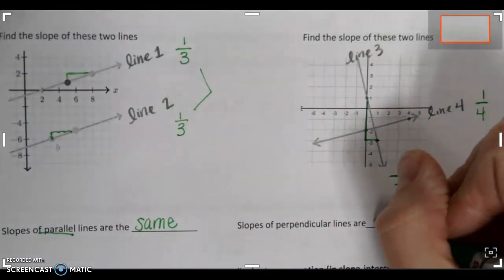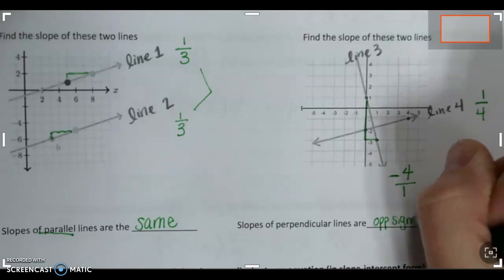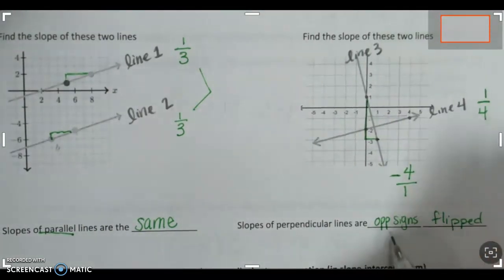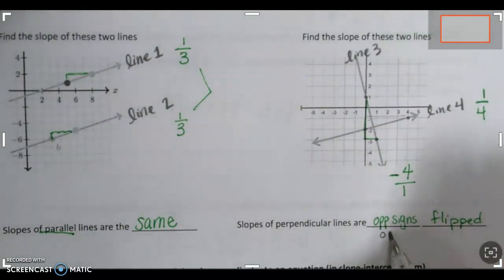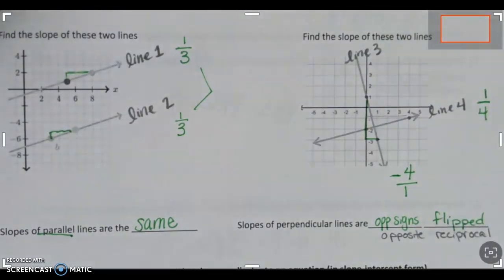That's opposite signs. Opposite signs. And those have fancy words, just so you know. That's called an opposite reciprocal. And your other teachers past this year will use those words, just so you know.